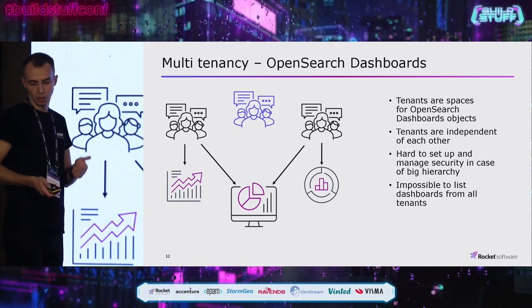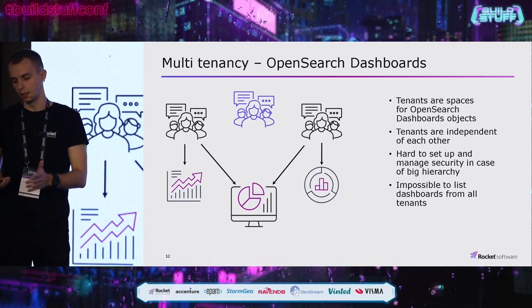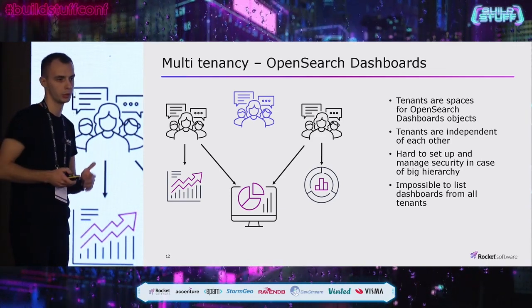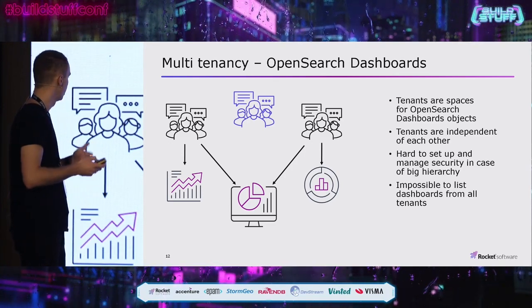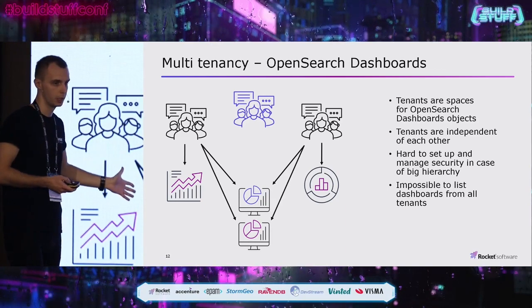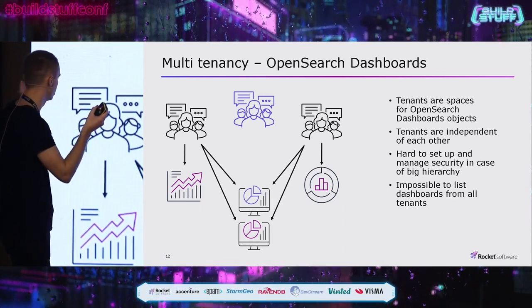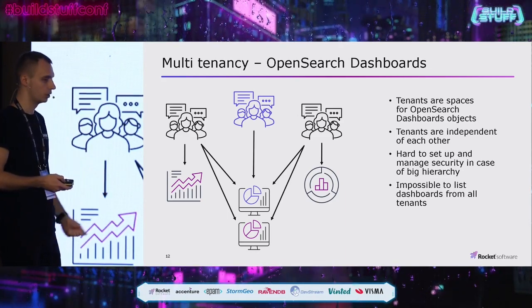That's great. But then a third team appears, and they need access only to a specific subset of the third tenant's dashboards. What you need to do is separate the third tenant into two, allow both the first and second teams to see both tenants, and for the third team, give access only to the specific one.